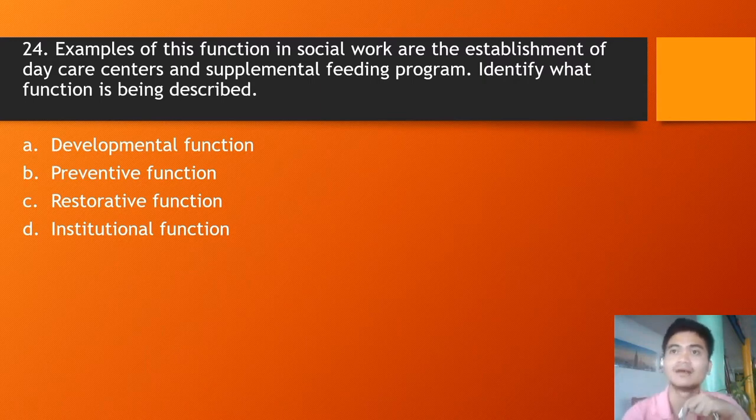At the same time, at that early stage, hinahasa na yung competencies ng bata. Pero at the same time, siya ay nag-earn din ng income, no? While nasa daycare center, so it is time for her to find resources to augment the income of her husband if meron. Pero kung single parent naman, so may time siya para maghanap ng income. So that is developmental in nature.